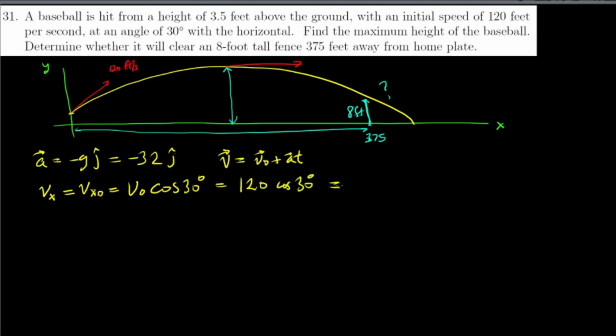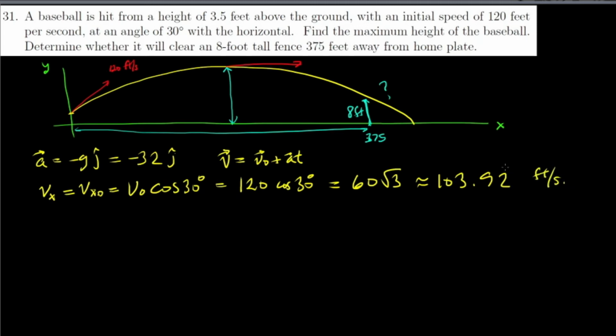So putting that in your calculator, you get 103.92. Oh, cosine of 30 degrees, right, is square root of 3 over 2. So it's 60 times the square root of 3. That's the exact value, approximately 103.92, and this will be in feet per second, of course.